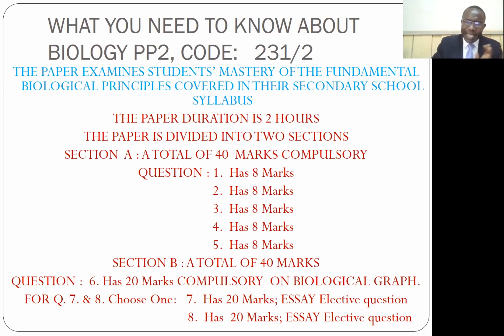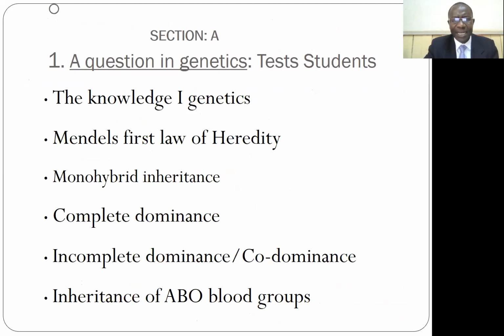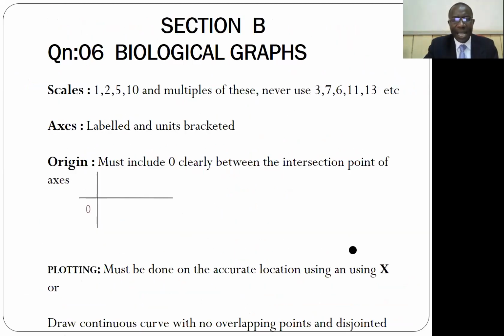Now, another most important area which is looked at during marking, I want maybe to narrow down on section B first, because it's the main key area to passing paper 2.